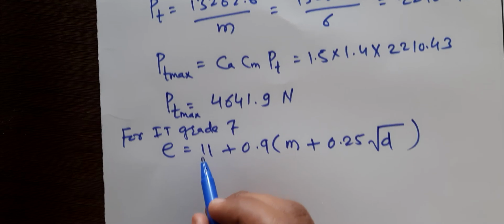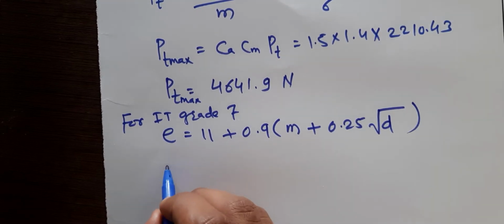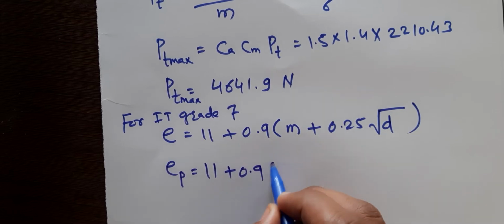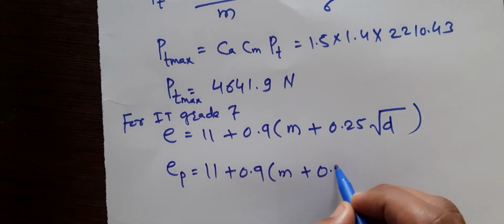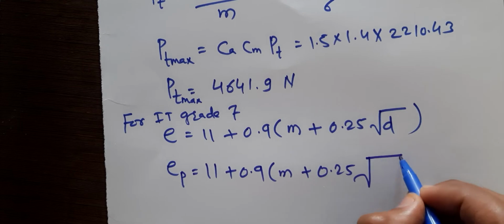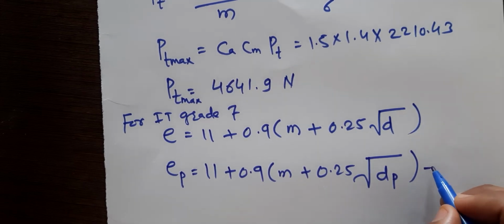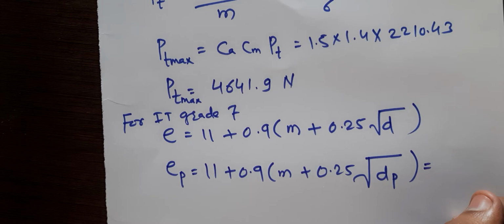Then you have to calculate the pitch error of the pinion as well as the pitch error of the gear. To calculate the pitch error of the pinion, the formula will be 0.25 into under root dp. Whenever you are calculating ep, you have to put dp. Module is 6 mm and dp we have already calculated as 120 mm.